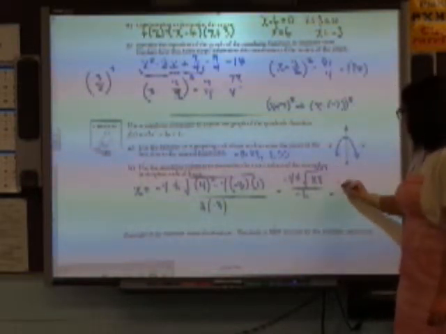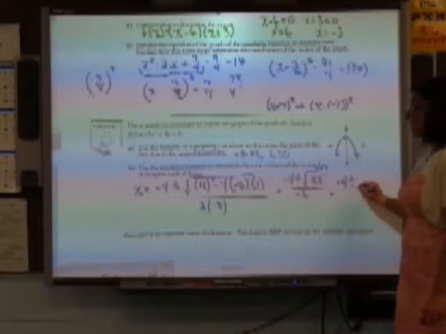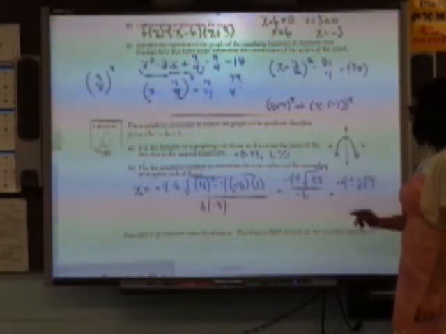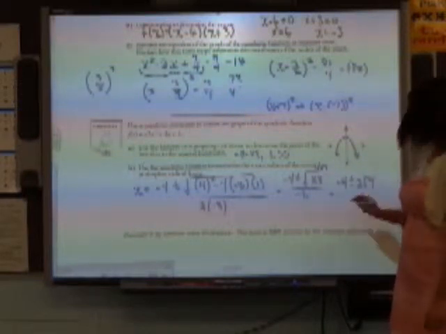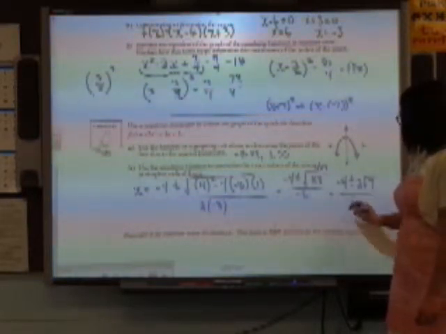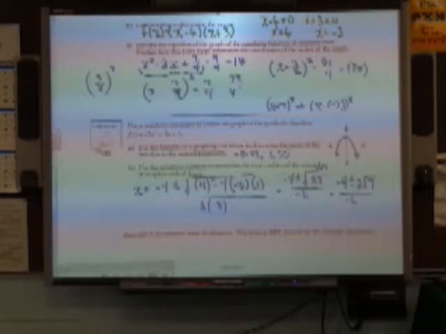So then the square root of 4 is 2. So the square root of 28 becomes 2 root 7 over negative 6. That leaves me with 3 coefficients, the negative 4, the negative 2, and the negative 6.